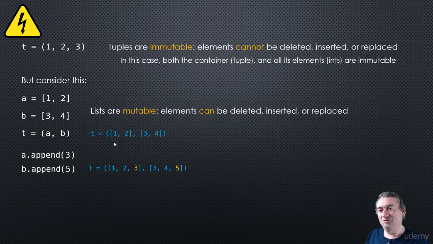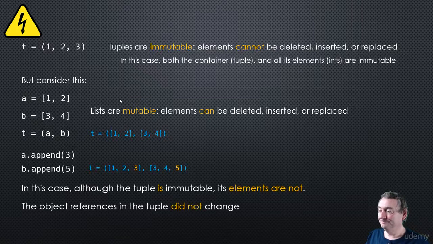So do not confuse immutability with something that's completely frozen, that can never change. It can sometimes change. In the first example that we had, where we contained 3 integers, yes, that was completely frozen. It could never change, because not only was the tuple immutable, but it contained only immutable integers.